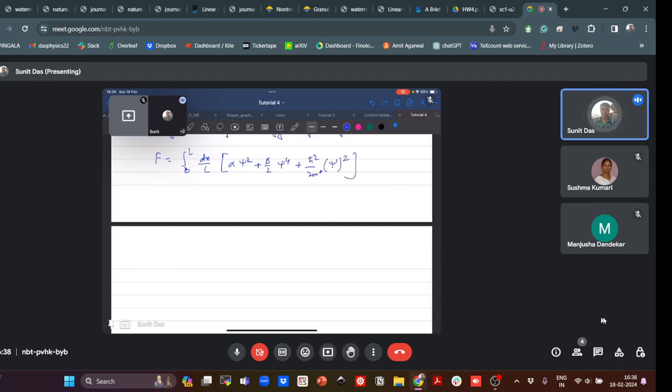That was the free energy when there was a non-homogeneous wave function. So this part is the free energy, and this is the extra term that comes into the picture when we talk about the Ginzburg-Landau free energy.